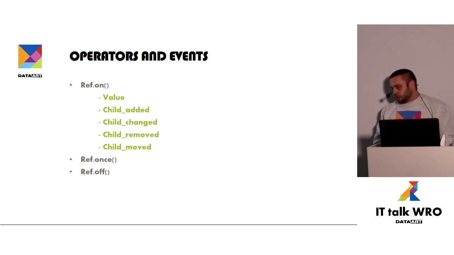Then there's reference once. This is for when we don't need to synchronize our data with the storage. As you can assume, it takes the data once and stops listening for events.